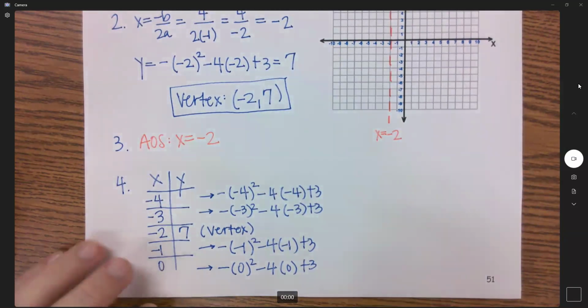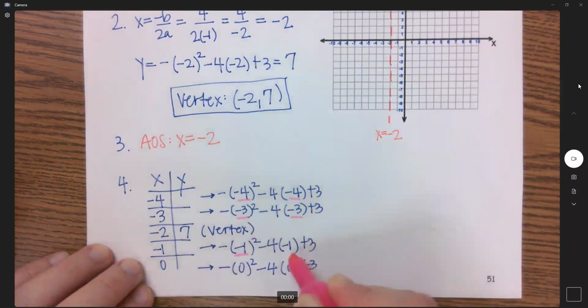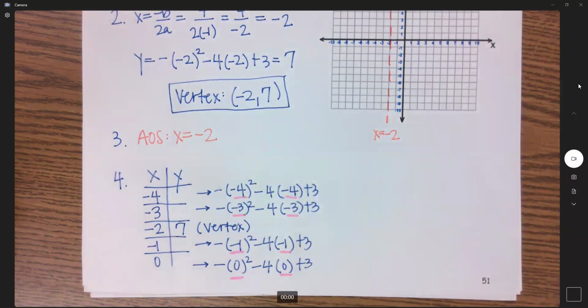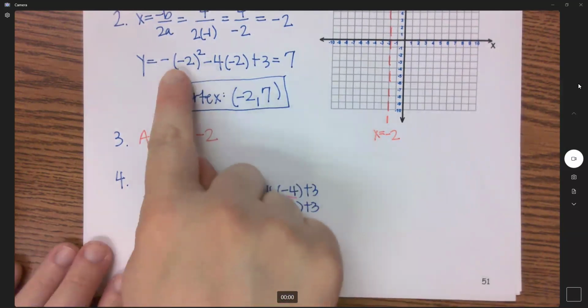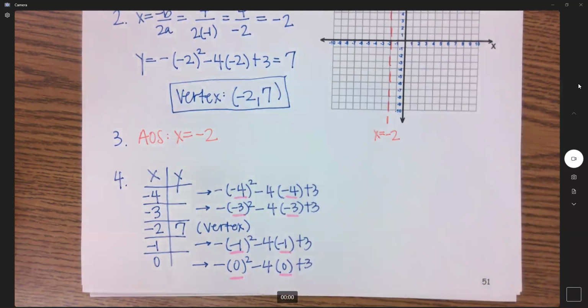With all of these, where I see that x, I am plugging in whatever number I see right here. Now, if you have already plugged this into your calculator, these are all insanely fast to do.